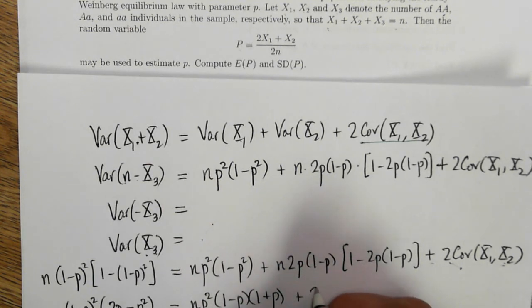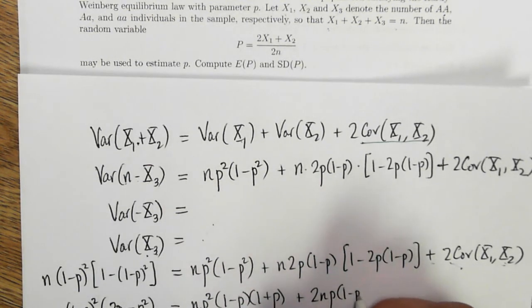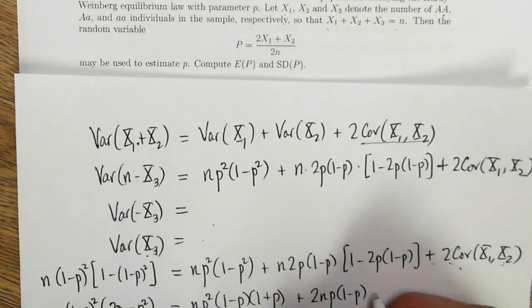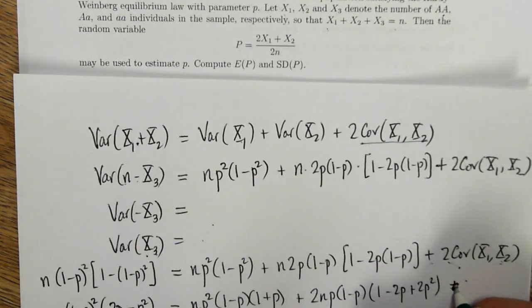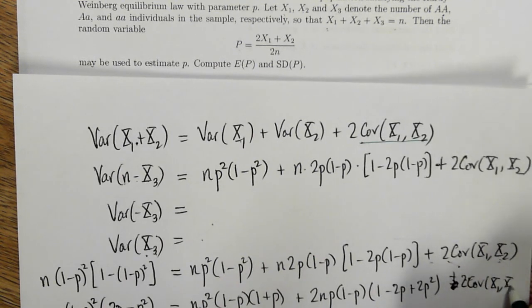Then here I have 2np(1 minus p). And what's left here is going to be 1 minus 2p plus 2p squared. And that's plus 2 times the covariance of x1 and x2.